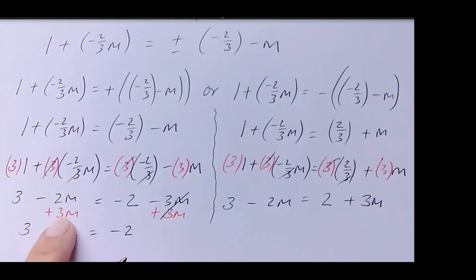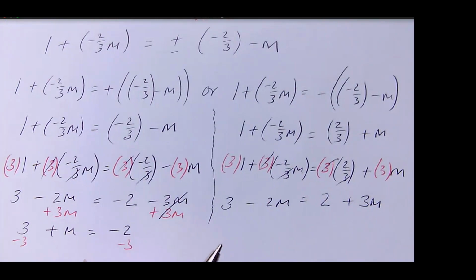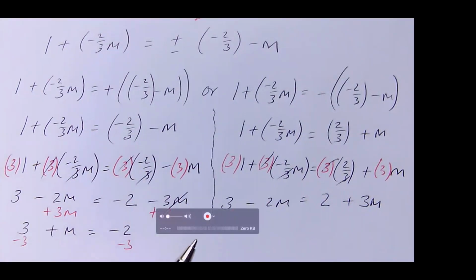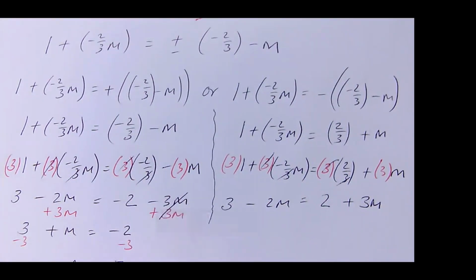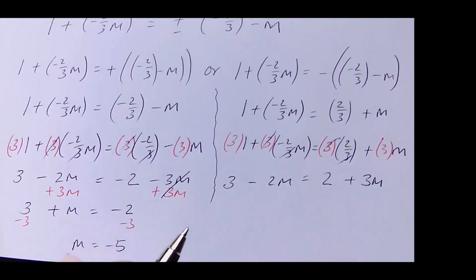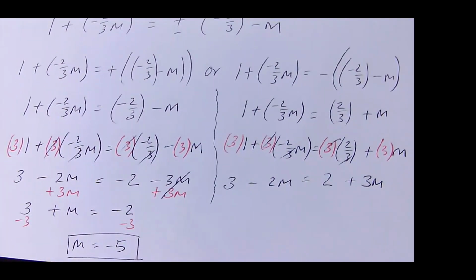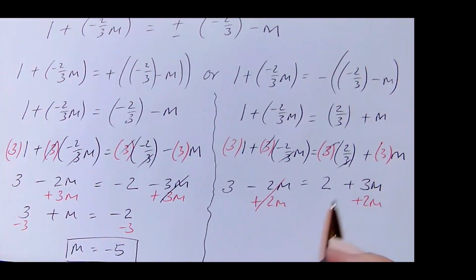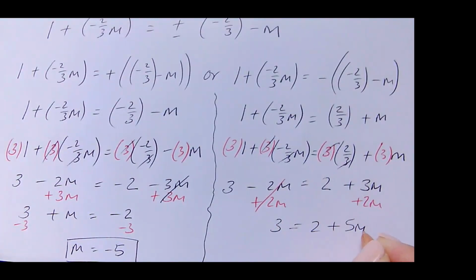Adding 3M to both sides here, I'm getting 3 plus M is equal to minus 2. And then take away 3 from both sides here. And I'm getting M is equal to minus 5. There's one of my slopes. Adding 2M to both sides here, I get 3 is equal to 2 plus 5M.